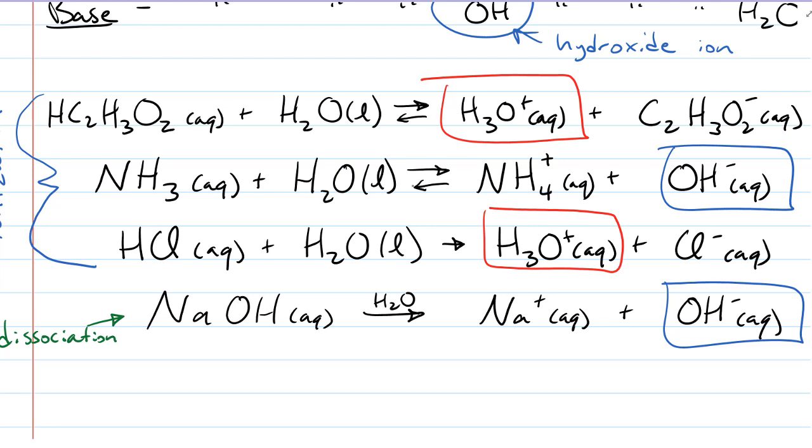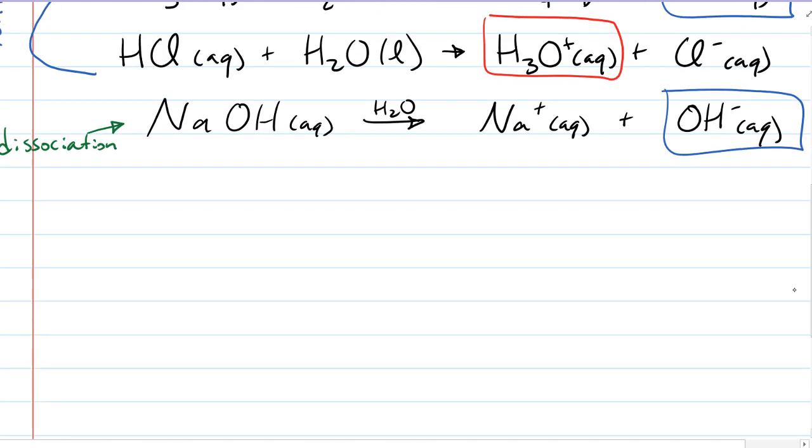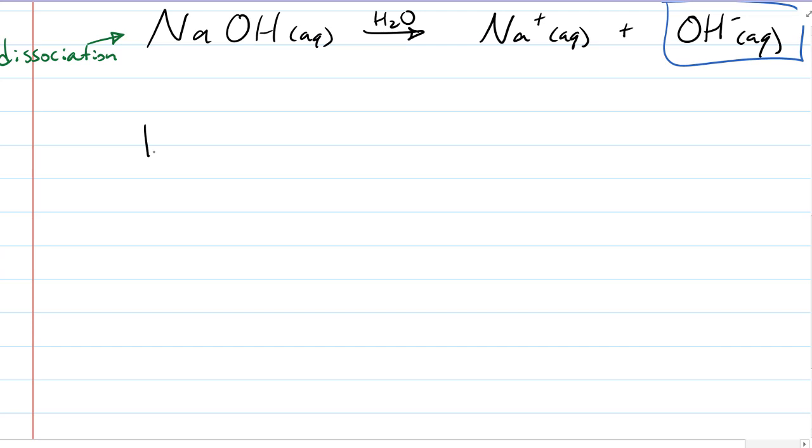Okay. Here's a couple more things before we go today. If we want to know what this hydronium ion is all about, let's go ahead and draw the picture of a hydrogen atom. Now remember there's multiple isotopes of hydrogen.